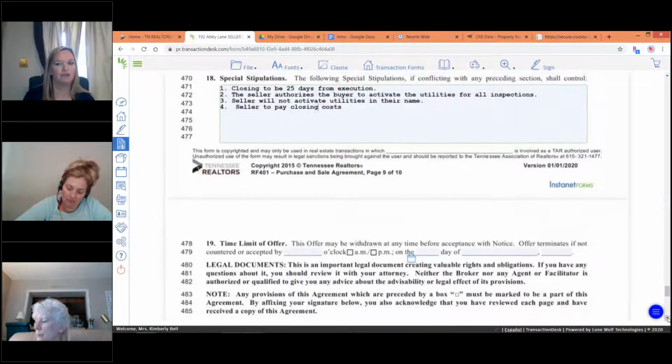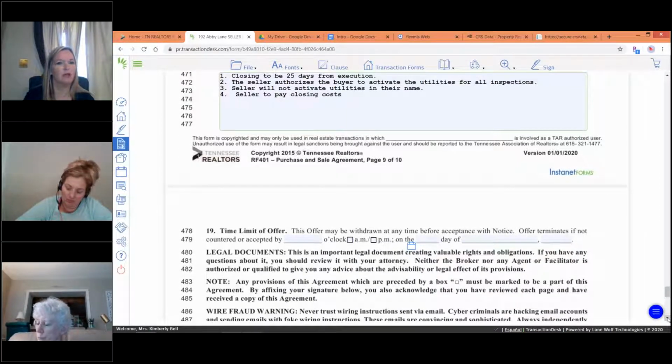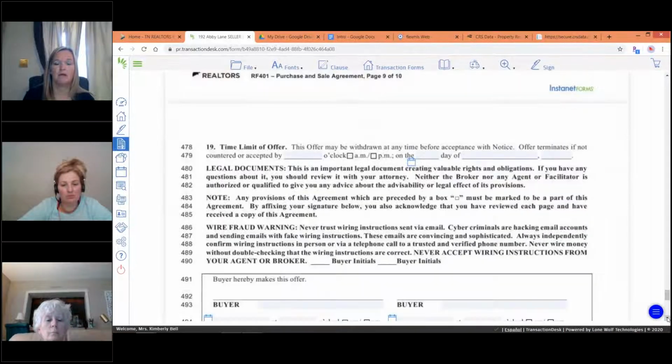You don't have to, but I make sure they know it. We're gonna put an offer limit, and you don't have to have an offer time limit on 478. It can be open until you withdraw your offer. But if you're going to be in multiple offers, maybe you only want to give them 12 hours, or maybe you only want to give them 4 hours.